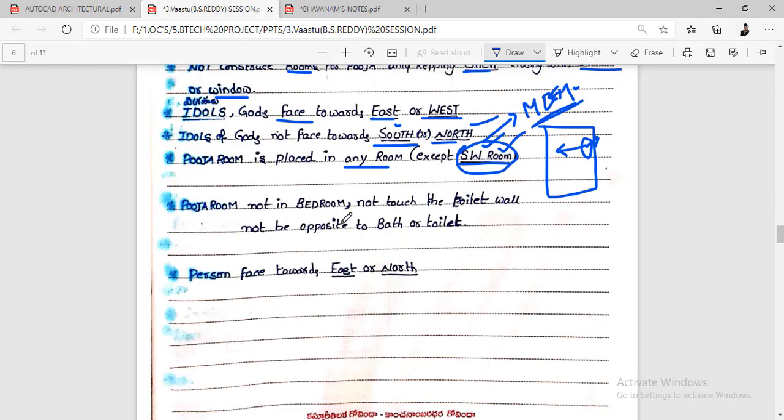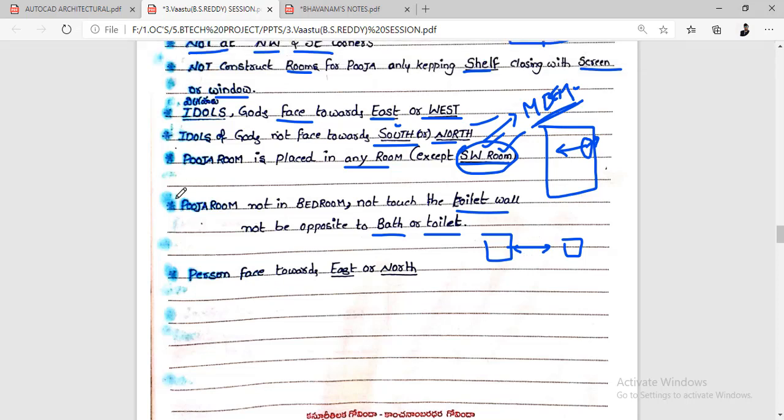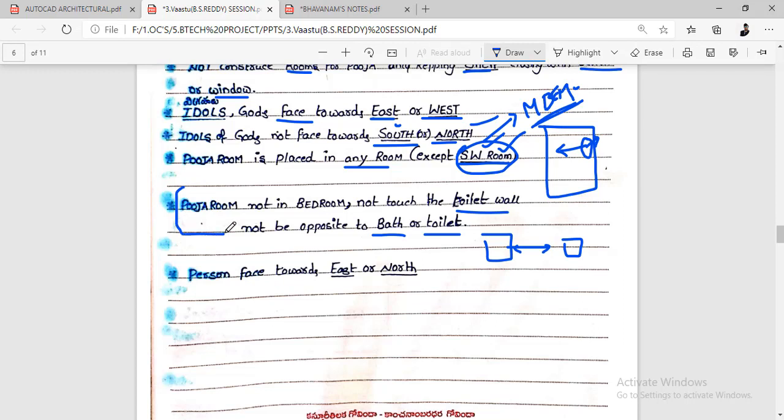And the puja should not be in a bedroom, and it should not touch the toilet walls. The puja room should never touch toilet walls, and should not be opposite to the bath or toilet. If there is a toilet here, you can't provide a puja here, exactly in the straight direction. That's not quite good. Just imagine it, don't think about vastu blindly.